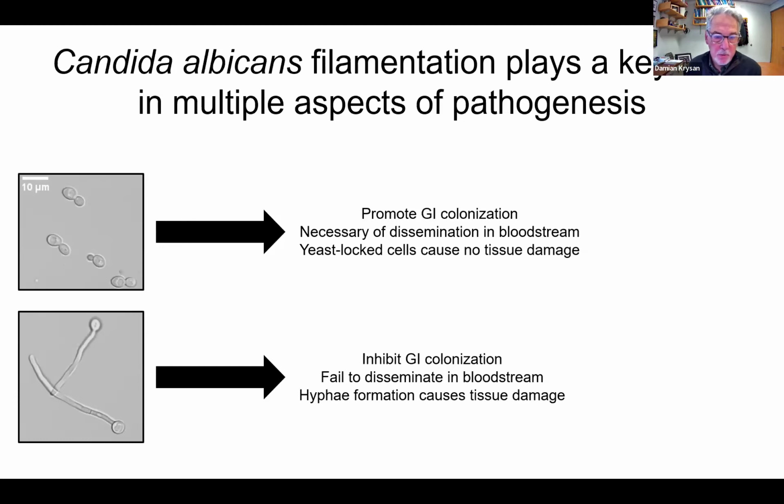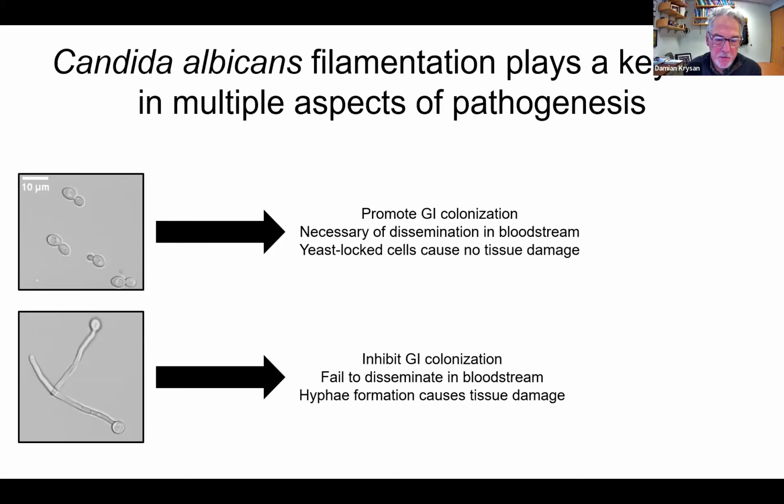The yeast form, as we've learned over the last few years now, promotes GI colonization. It's necessary for dissemination in the bloodstream, but the yeast-locked cells, so to speak, appear to cause very little or no tissue damage in mouse models. In contrast, the filamentous form is less fit in the setting of GI colonization.